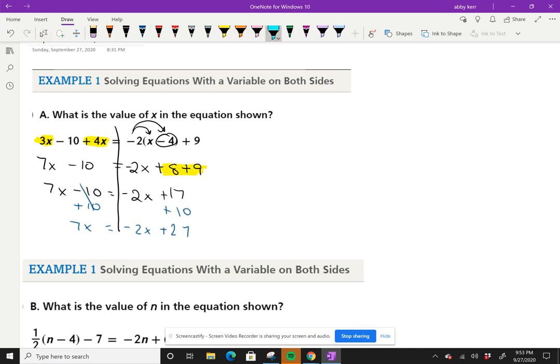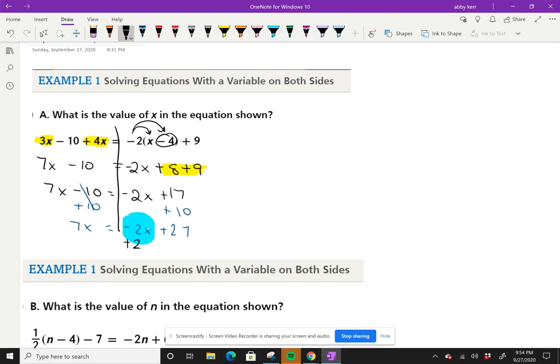I strongly suggest that you always try to move the variable to the left, because we are going to get into inequalities in about a week or two, and it's easier to read that statement when the x is on the left. So notice that the minus 2x is together and it's being minused.